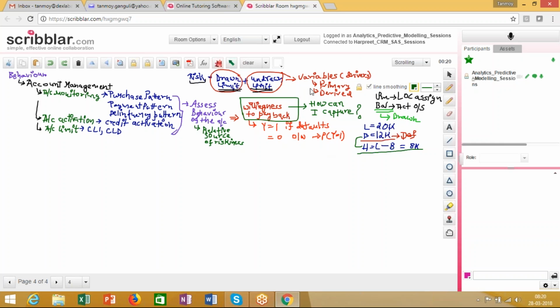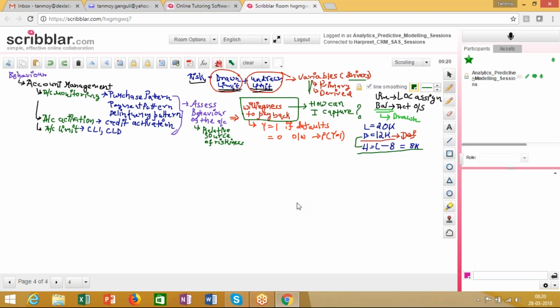That is where the concept of primary and derived variables comes in. So up to this point, is it clear, Harpreet? Yes, it is clear. Great.